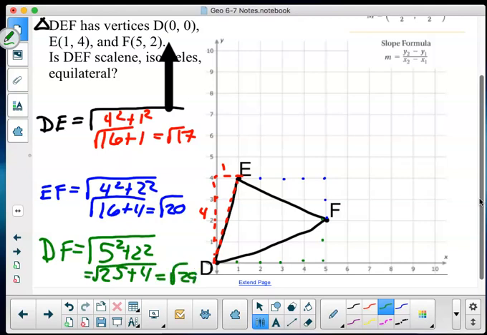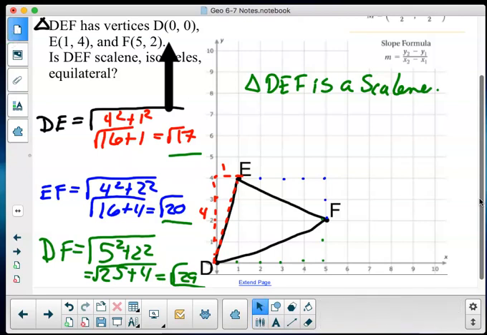What I have just learned is that this triangle is scalene. None of my legs or my sides are the same. So triangle DEF is a scalene triangle, meaning none of the sides are the same, and because none of the sides are the same, none of the angles can be the same either.